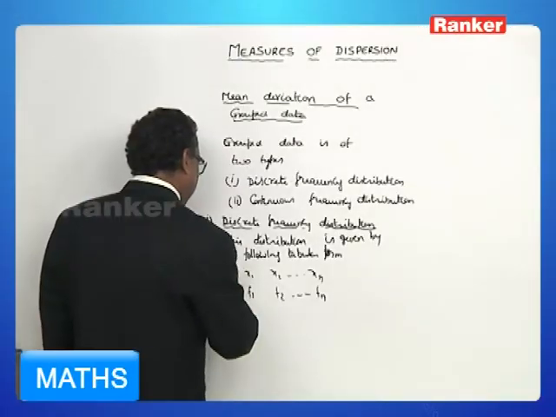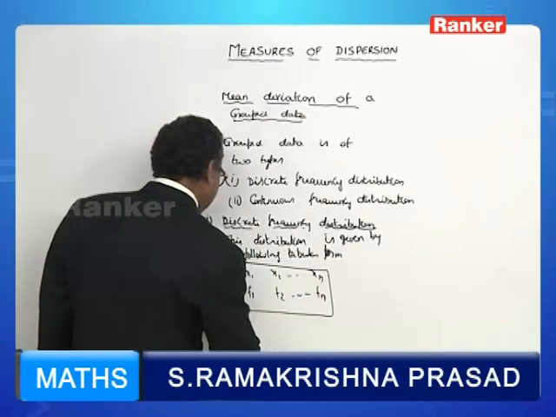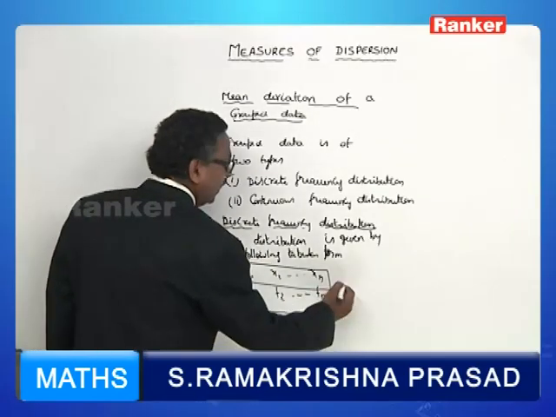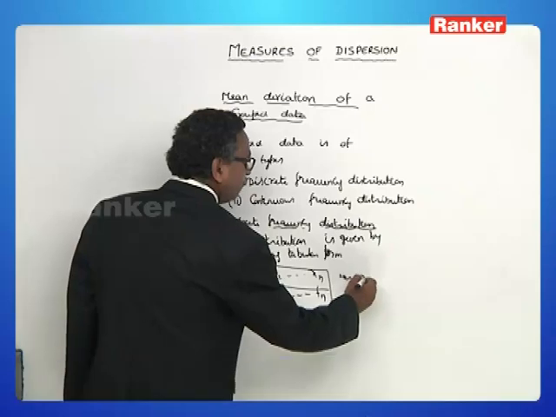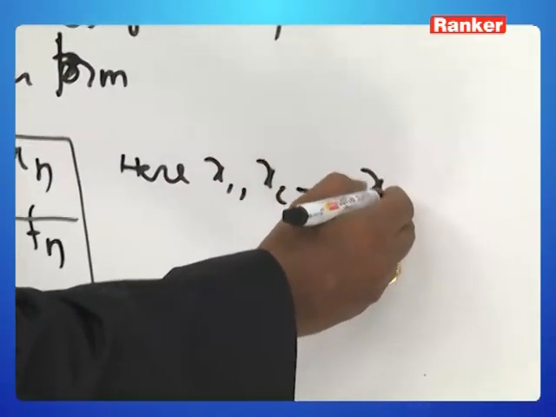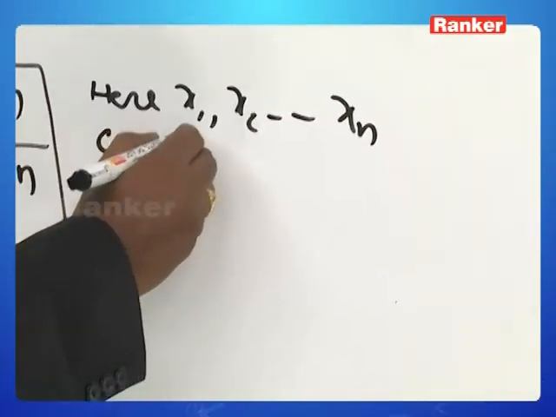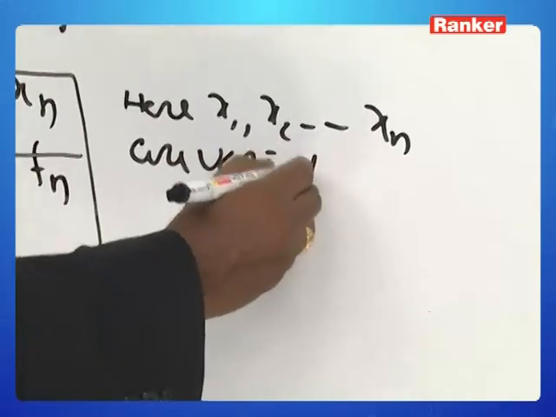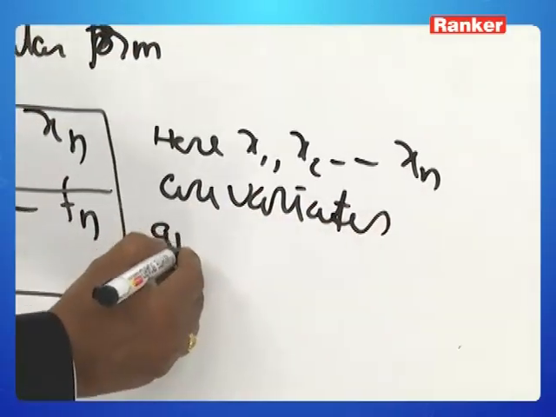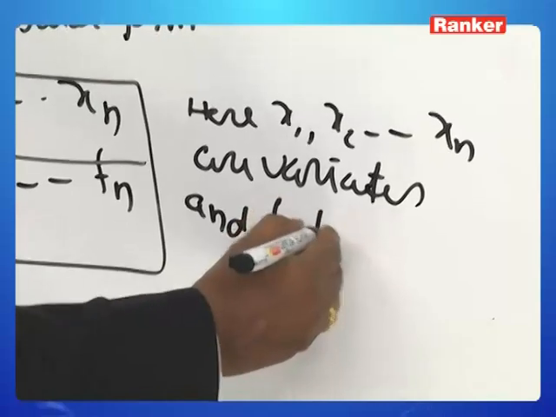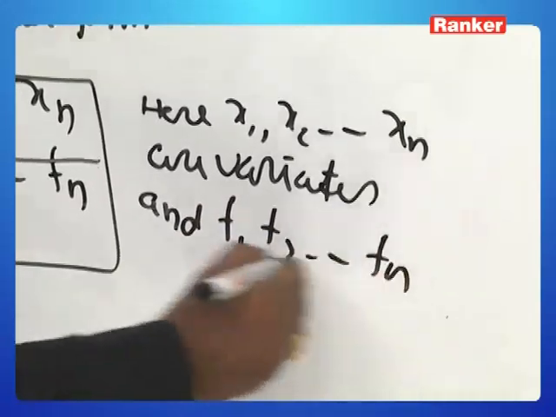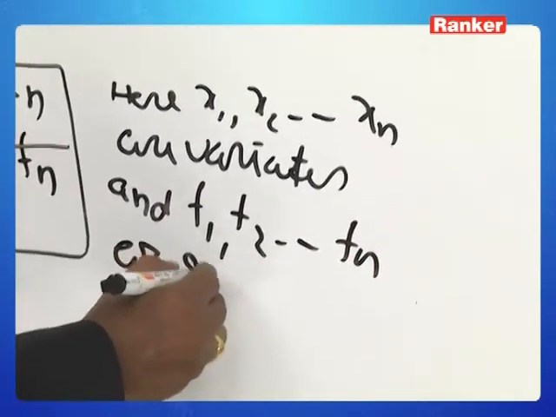Here x1, x2, so on xn are variates, and f1, f2, f3, so on fn are respective frequencies.